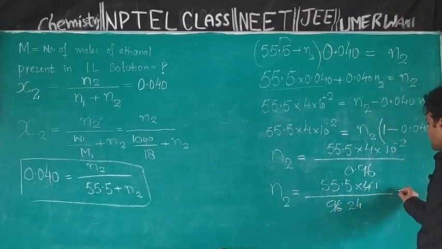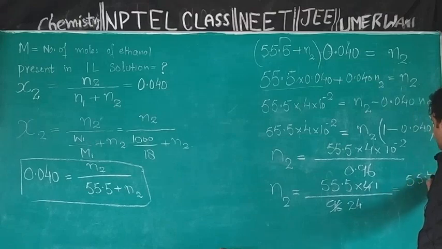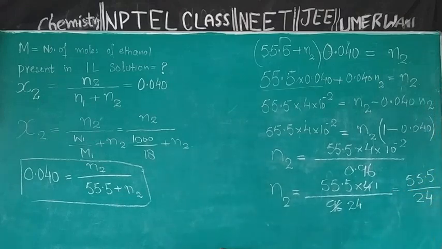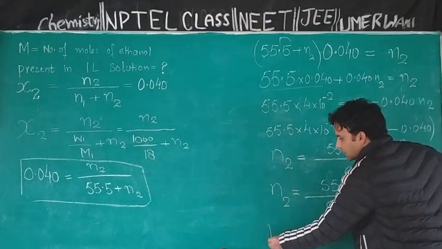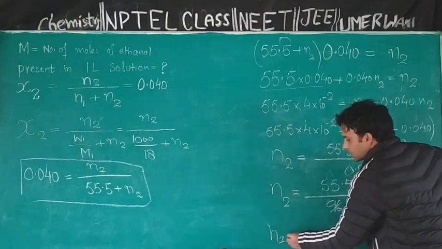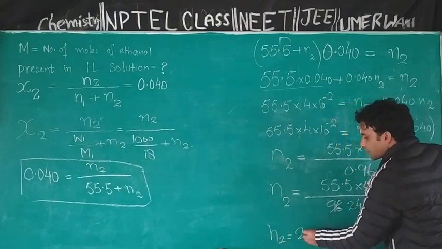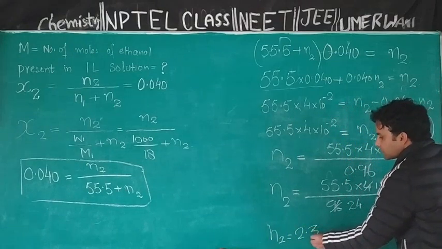It is equal to 55.5 divided by 24, and it will come equal to, I have already evaluated this value, it comes equal to 2.3 approximately, 2.3.